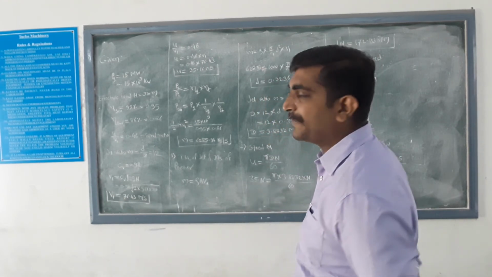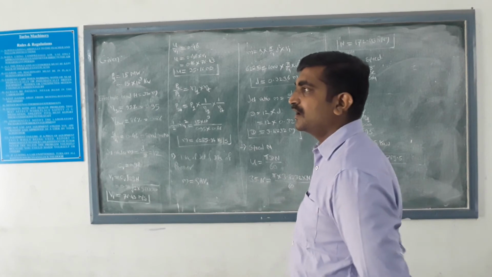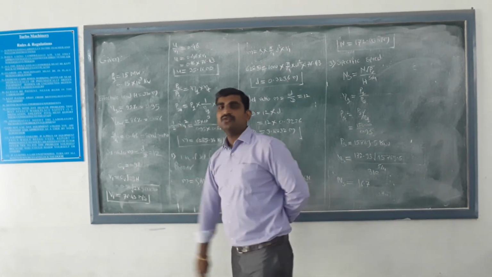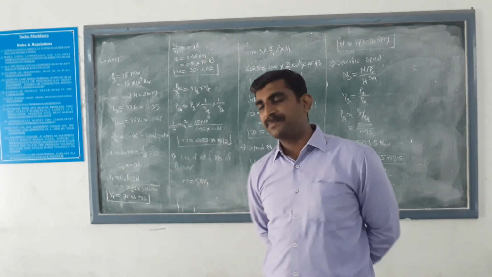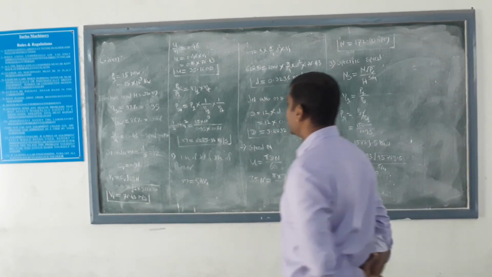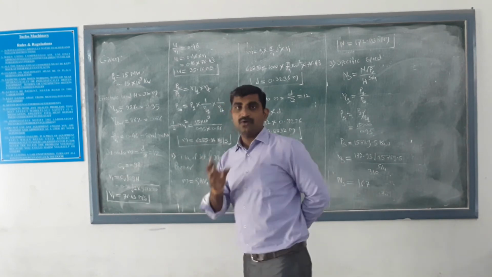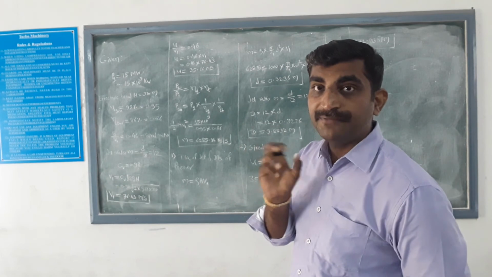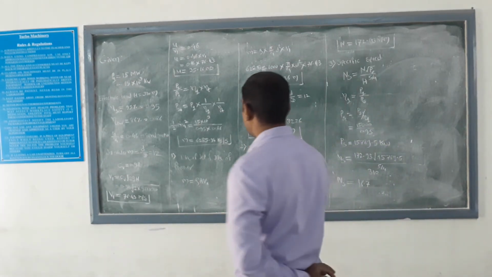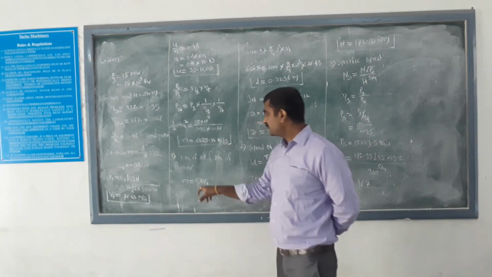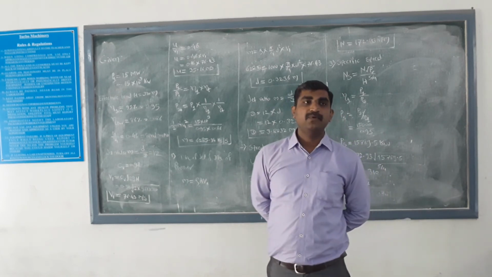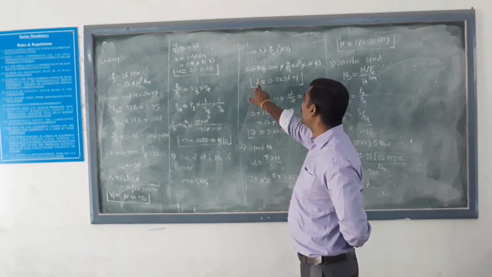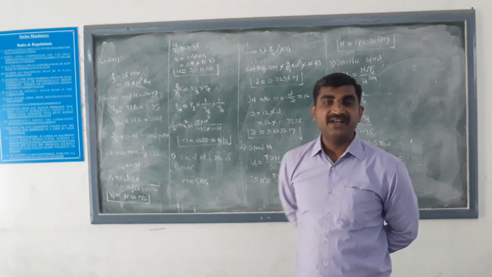Using this, find out jet power, where we know V1. The only unknown is mass flow rate, so first we find mass flow rate. Then using mass flow rate equal to rho A V, we know density and V1; the only unknown is diameter, pi by 4 d square. So we get the jet diameter.